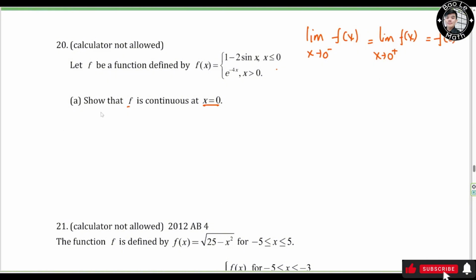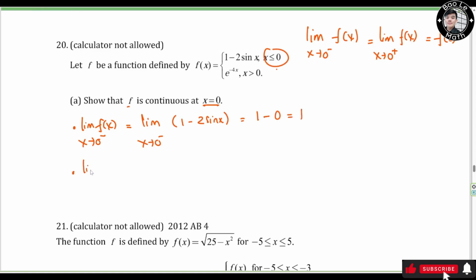Now we need to do this one step by step, right? So we need the limit of the function f of s when s approaches 0 minus, and we're gonna pick this piece right here. So it's the limit of 1 minus 2 sine s when s approaches 0 minus. Substitute 0 for s, it's 1 minus 0, which is 1, right?